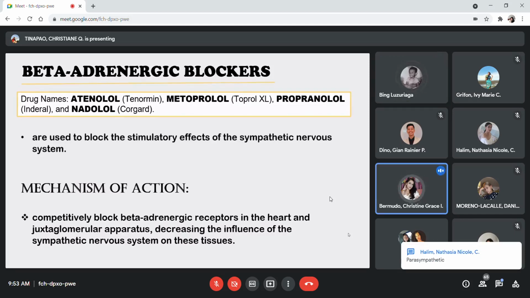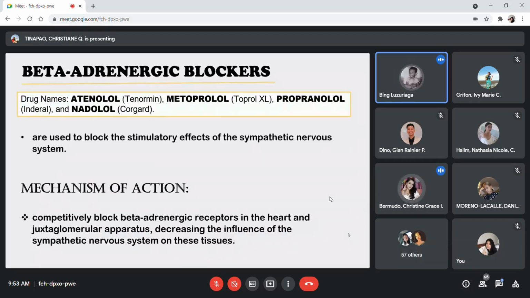Reduction in the heart excitability, Doc, and a reduction in the cardiac output. Go direct, there is only one word. Reduction in cardiac oxygen consumption.